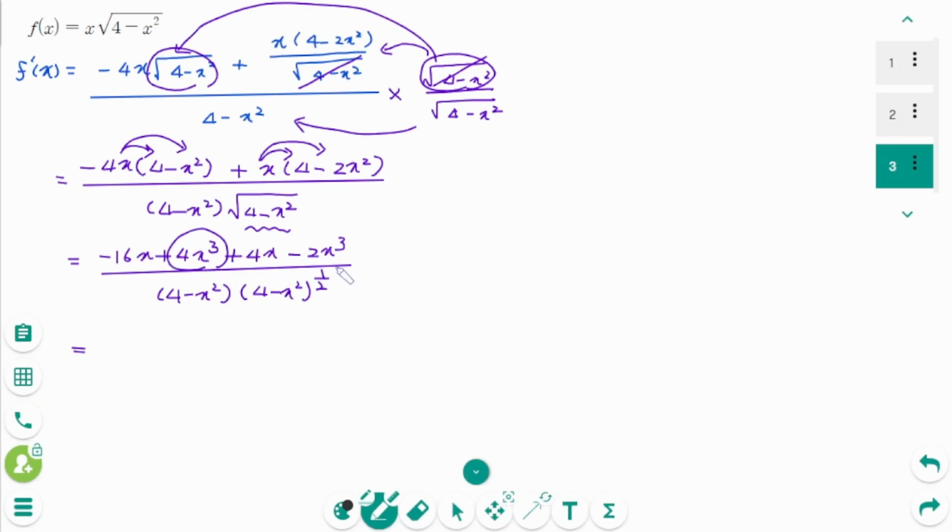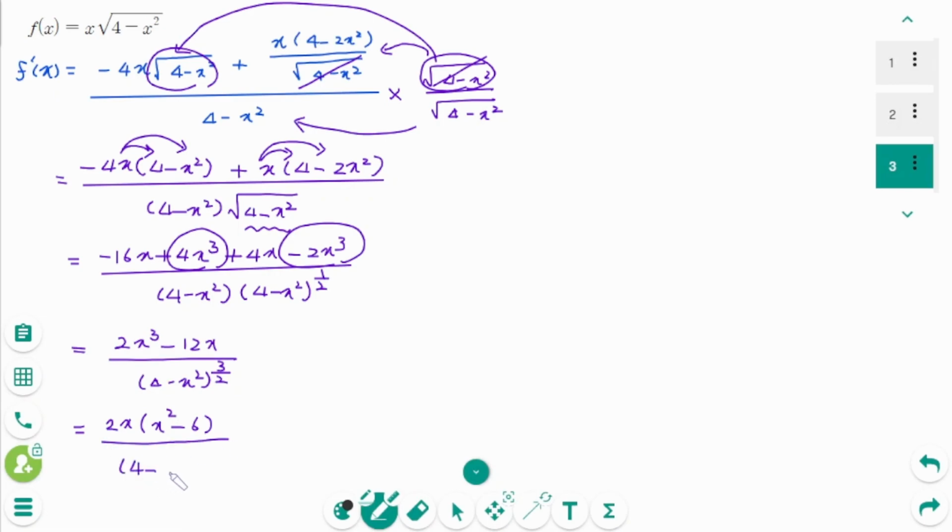Equals this one and this one combined together, 2x cubed minus 12x over 4 minus x squared to the power of 3 over 2. Then we can factor, take out 2x times (x squared minus 6) over 4 minus x squared to the power of 3 over 2.